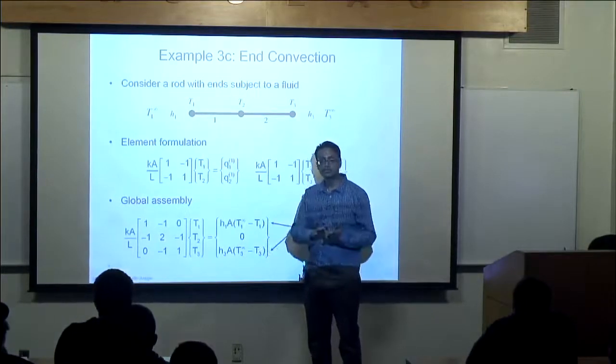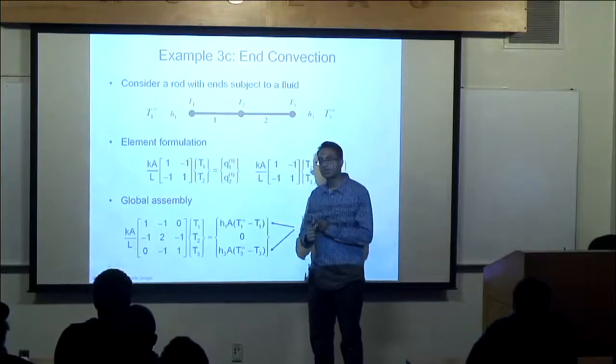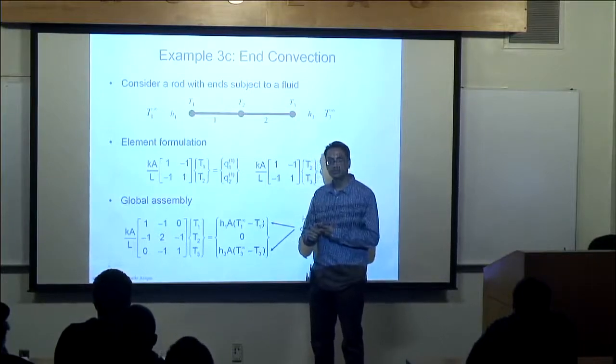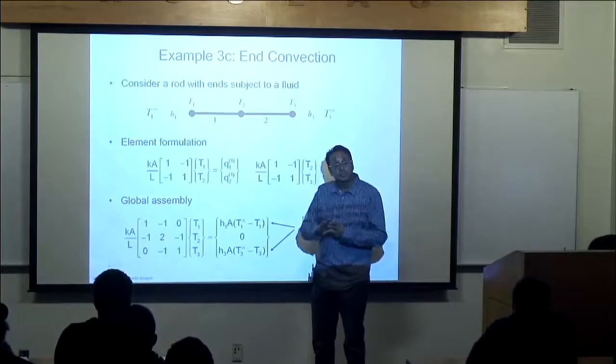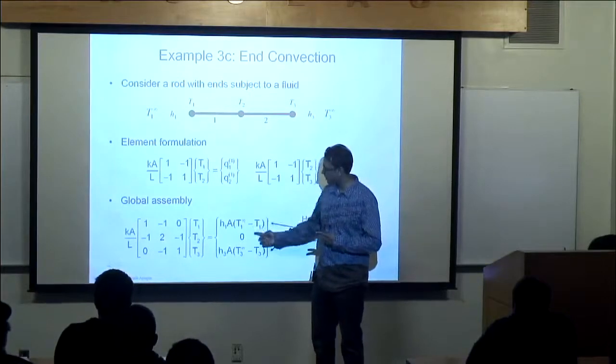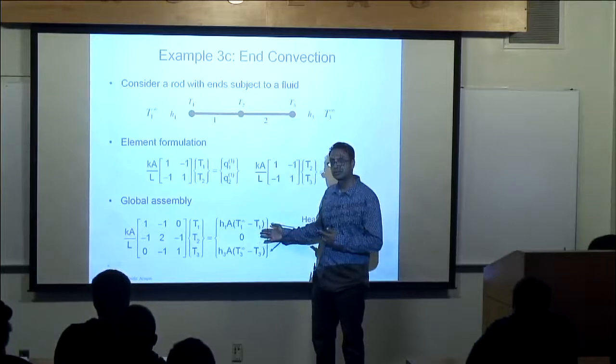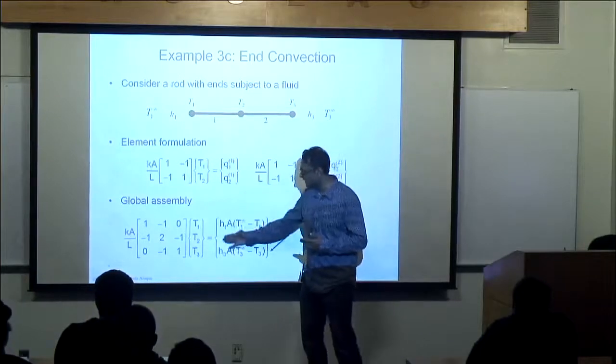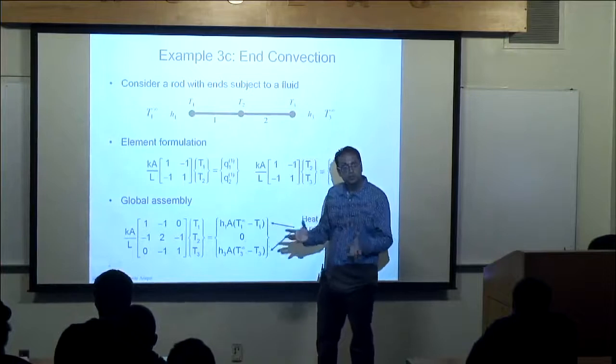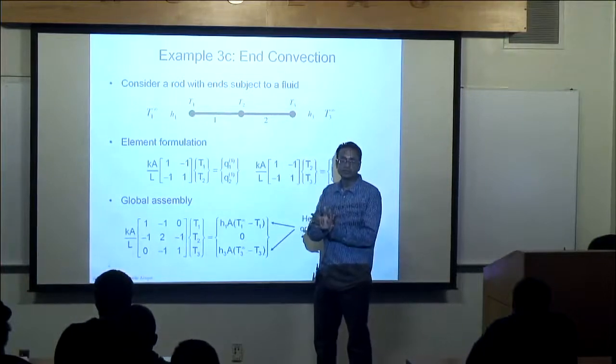It has an essential boundary condition and also a natural boundary condition. It's a mixture of the two. I have an essential type of boundary condition showing up on the right-hand side, but I also know that this is like a heat flux. So I have a mixed type of boundary condition.